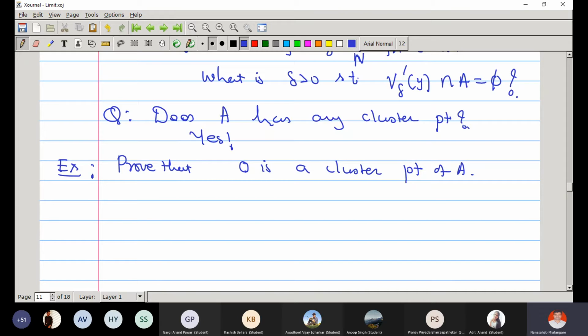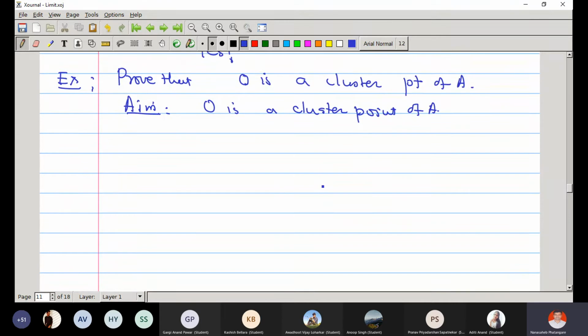So how will you prove it? What is our aim? 0 is a cluster point of A, right? So this is our aim. How to do this?